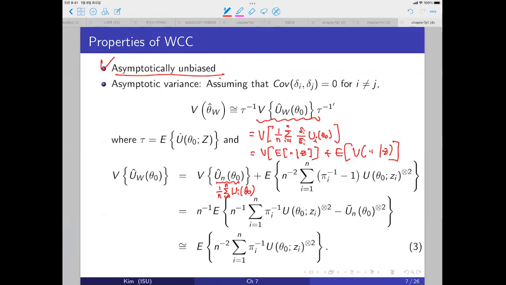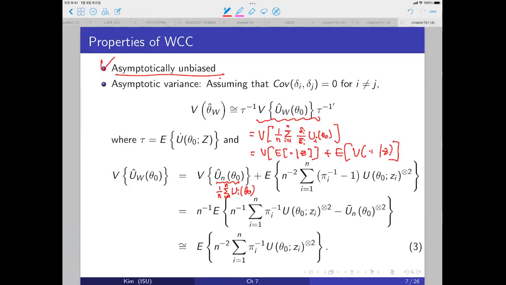And then the second part, you want to compute the conditional variance of this guy with respect to delta, since delta is the random part. What is the variance of delta? Pi_i times 1 minus pi_i, right? Because it's Bernoulli.